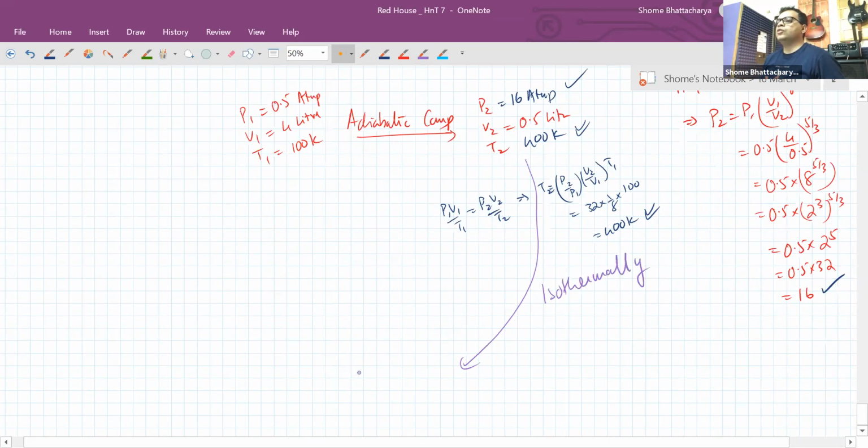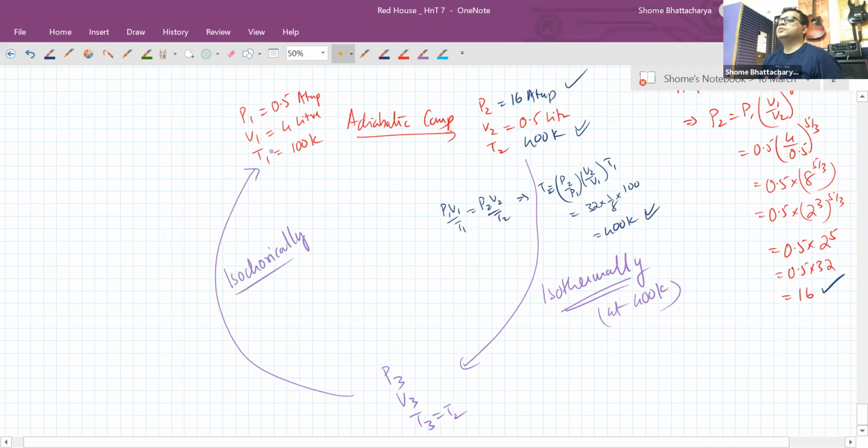And then from whatever state you are there, P3, V3, T3. Now, T3 is obviously equal to T2 because it's isothermal at 400 Kelvin. But from here, you're coming back to this state isochorically. If you're coming back to this state, your volume has to be 4 liters. So that is what tells you that this should be equal to 4 liters.